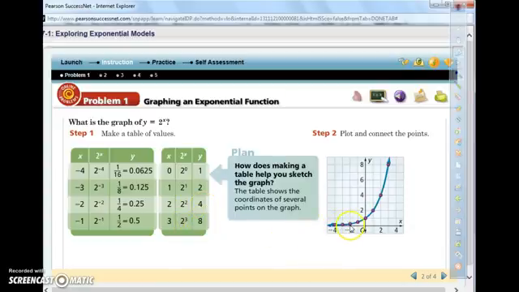And so when we plot all these points, you can see the generalization of the graph. Kind of looks like a J type shape. And the word asymptote means that this graph is not going to be able to get smaller than the x-axis. It won't dip below. In general, our asymptote would be at the x-axis when y equals 0.